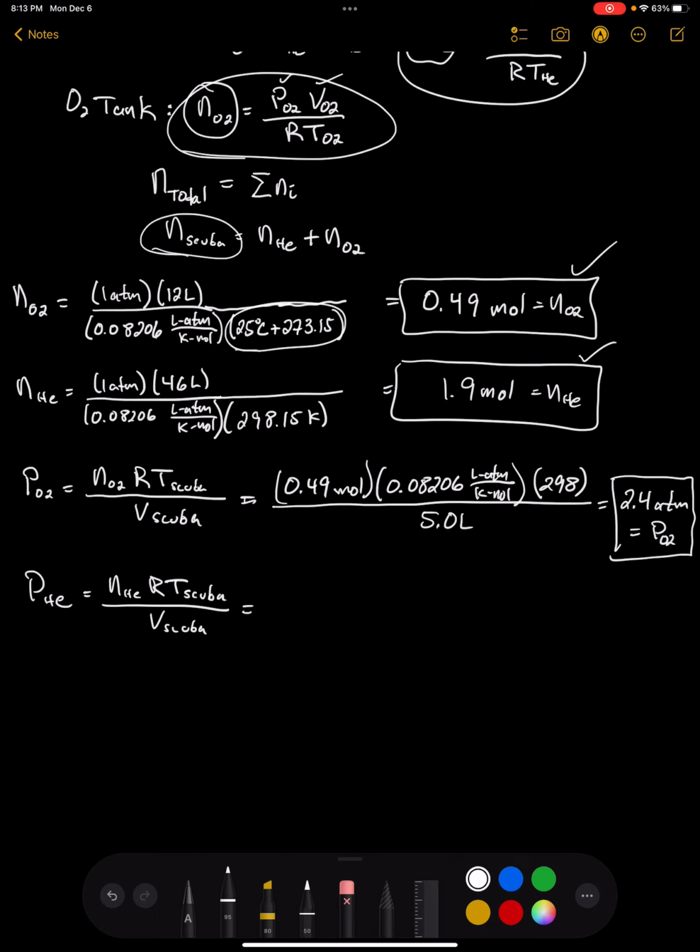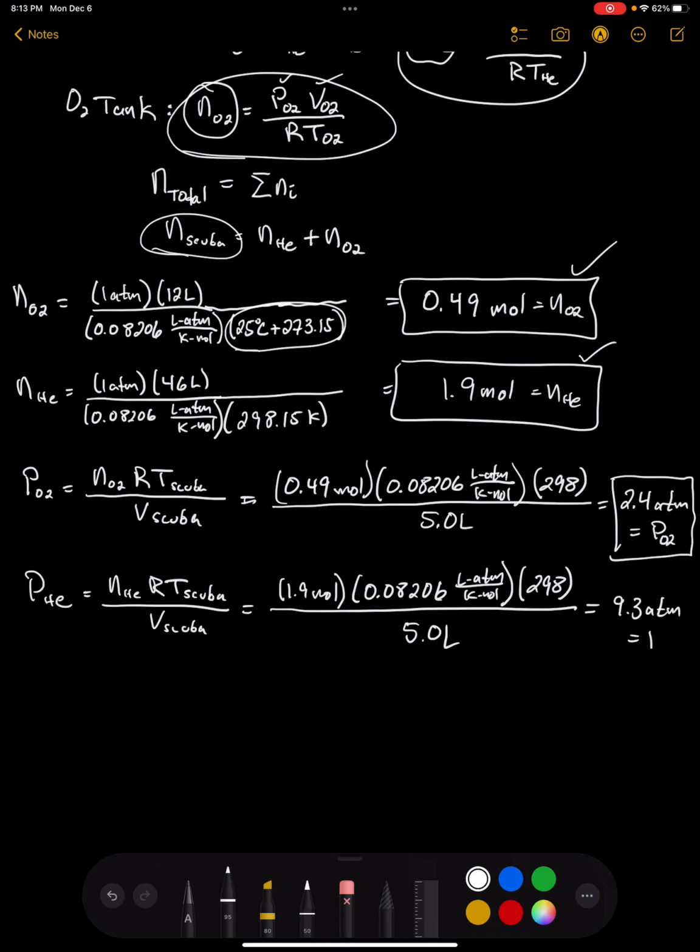And so this equals 1.9 mole times the gas constant, 0.08206, times the temperature, 298 Kelvin, and this is all divided by 5 liters. And so that then equals 9.3 atmospheres. And so that is the partial pressure of the helium in the scuba tank.